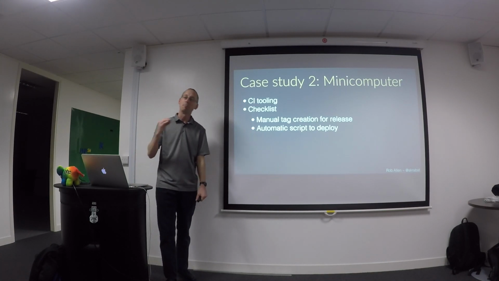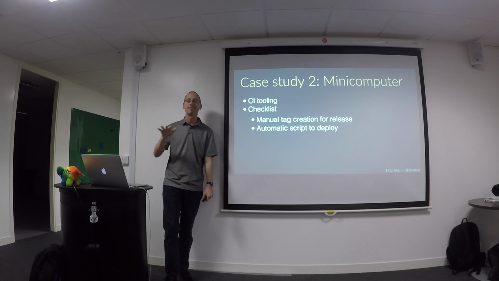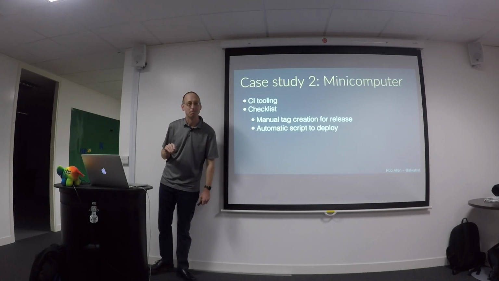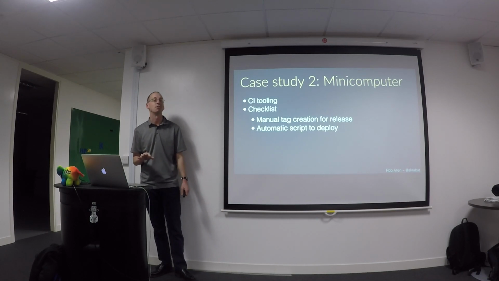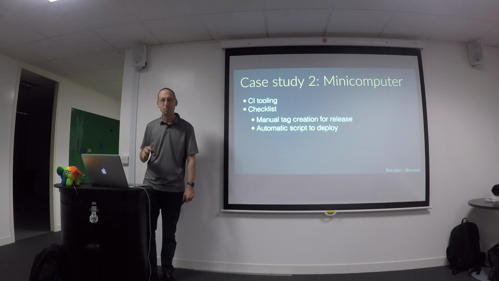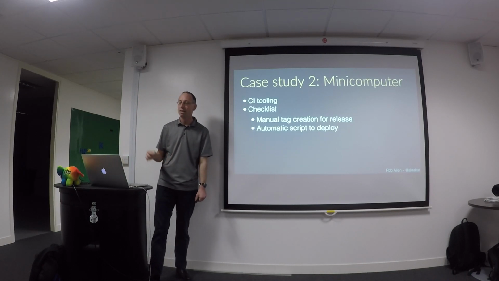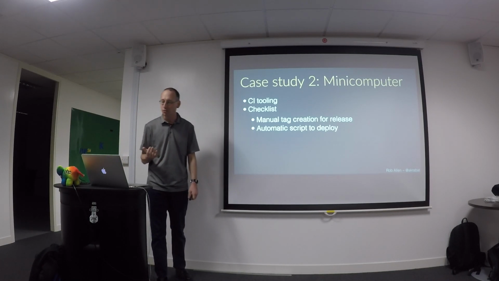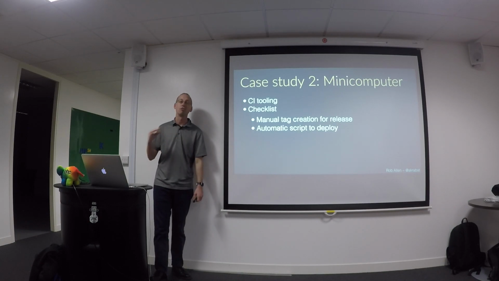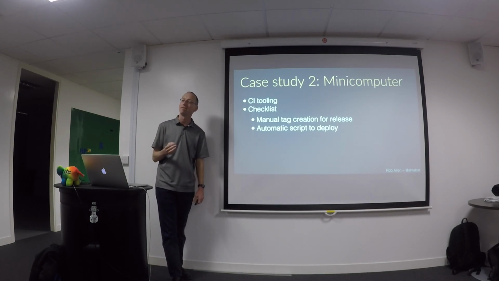So we gave them the manual process of you may tag the repository, because we thought we could trust their developers to do that. We wrote them a script to help them, but they manually tagged the creation for release, and then the CI system took over and automated through to deployment once they had manually tagged.